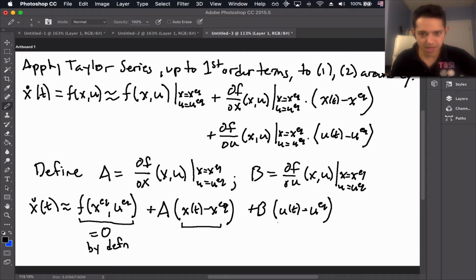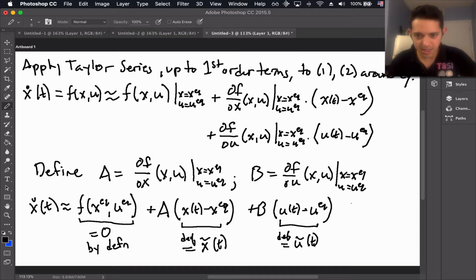Now next, I want to make some definitions for these differences here. I'm going to define this quantity that we're going to call x tilde to be x minus xeq. And then similarly, we're going to define u tilde to be the difference between u and ueq.